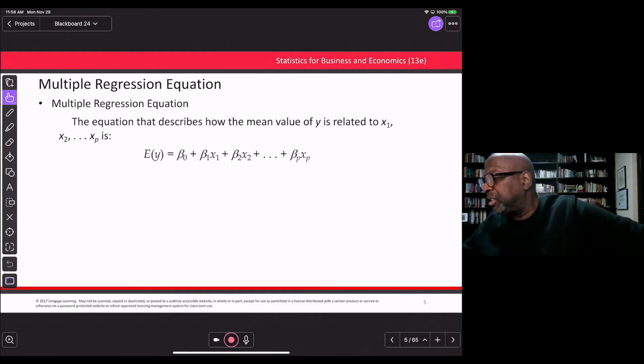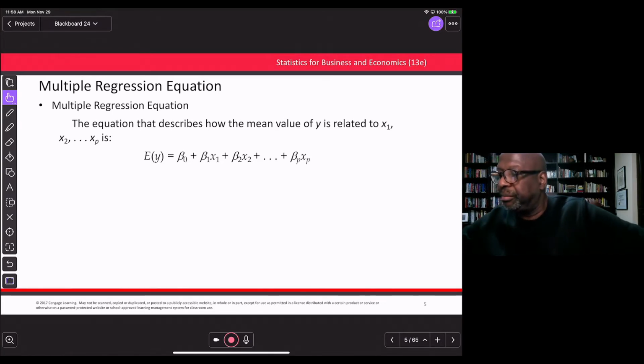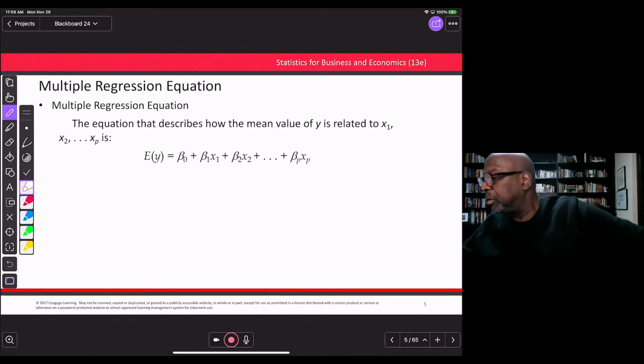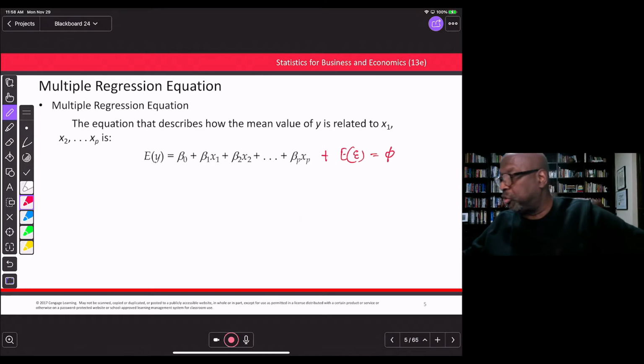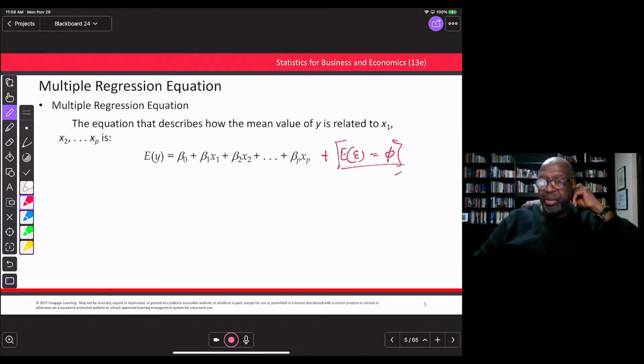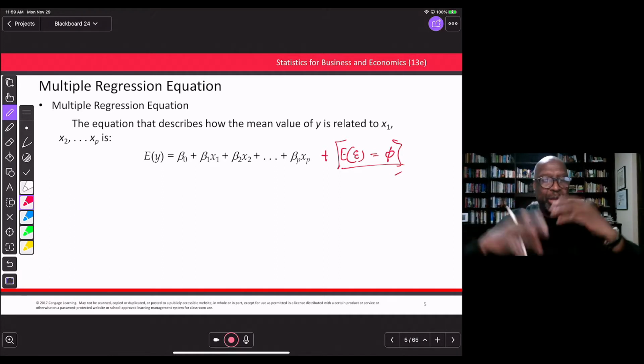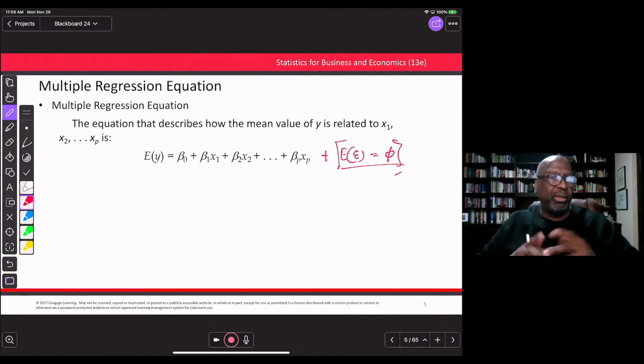We could have put plus expected value of epsilon, but the expected value of epsilon is 0. So if it is 0, we could just drop this term out of the equation. There's no need to keep it in there, all right? Because the errors are supposed to be randomly distributed about the mean of 0.